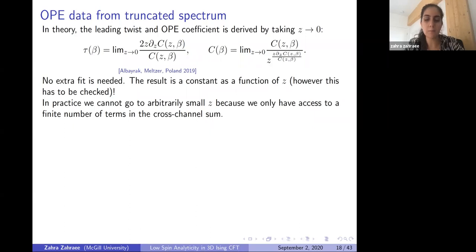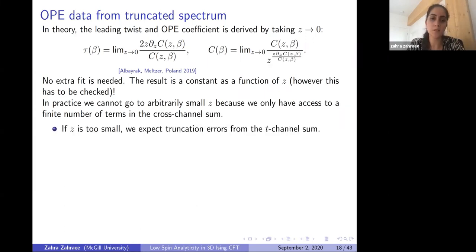The reason why it might not be a constant is because of the errors that the procedure introduced. First of all, one error is because we cannot go to arbitrary small z, because we only have access to a finite number of terms in the cross-channel sum, and the smaller the z is, the less convergent the cross-channel OPE sum is.